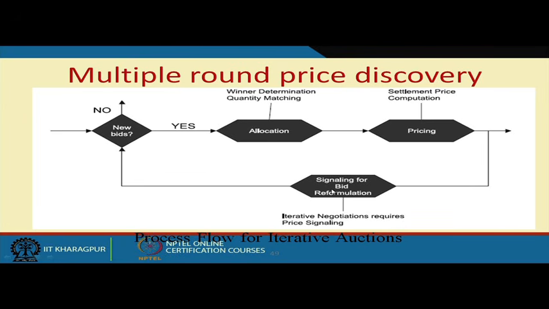Based on this price signal, they try to reformulate their bids and submit them, and they continue this process till there is no more decrease in price. Whosoever is the lowest bidder becomes the winner. So, this multi-round price discovery process is also called the winner determination process.